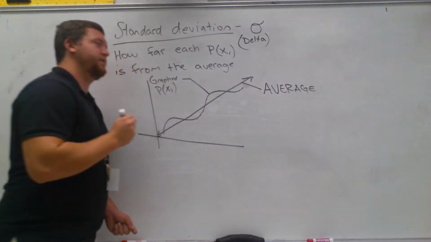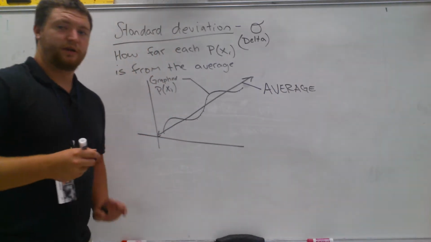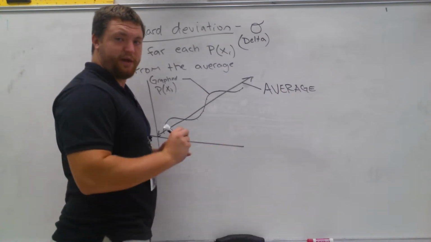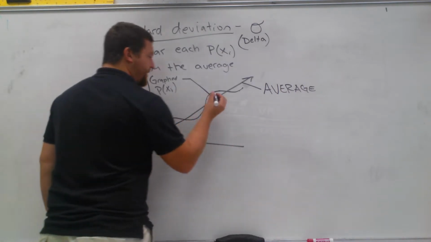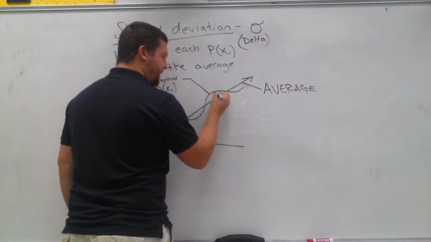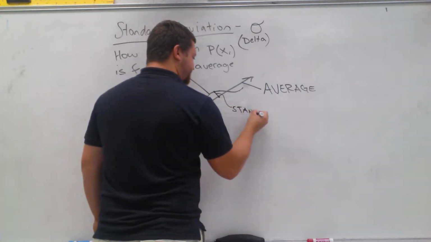Now, standard deviation is how far this curvy line deviates from the actual line. So right here, what standard deviation does is it measures from there to there. And it'll tell you standard deviation.